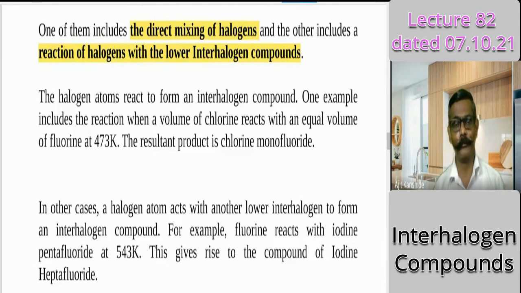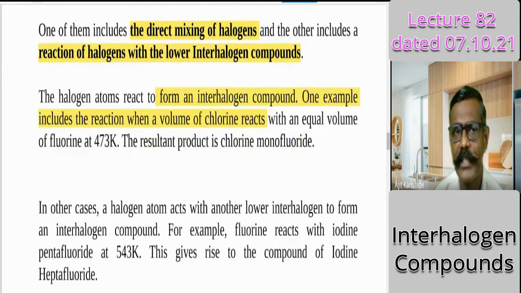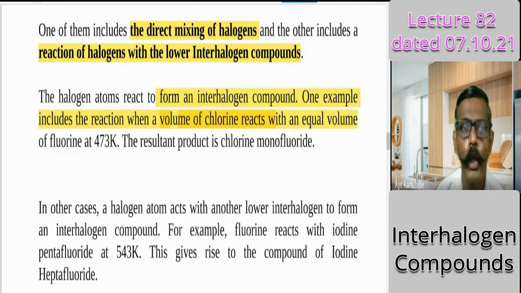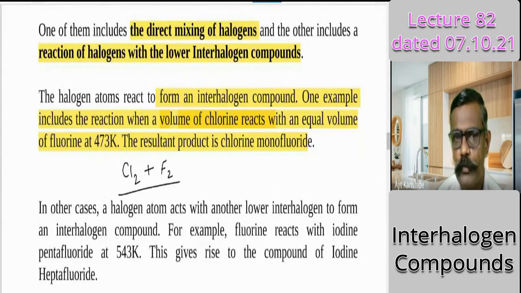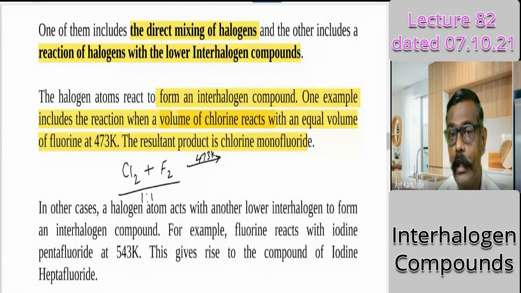When a volume of Cl2 reacts with an equal volume of fluorine at 473 K, the resultant product is chlorine monofluoride. Chlorine reacts with fluorine in 1:1 proportion, equal quantity, at 473 K, to give chlorine monofluoride.